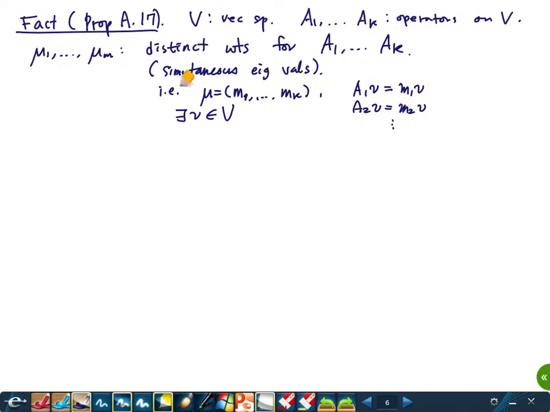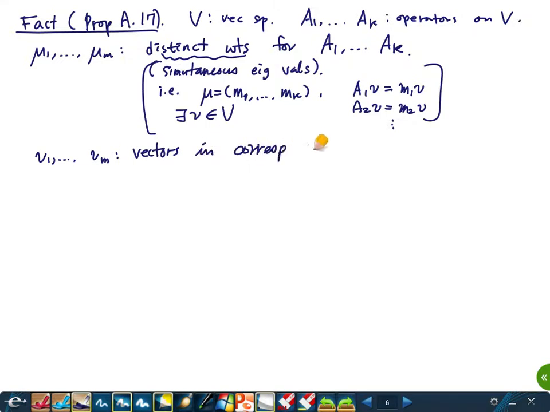This is what I mean by this weight. All right? So here is the definition of the weight for operators. Then let's say v1 through vm are vectors in the corresponding weight spaces.